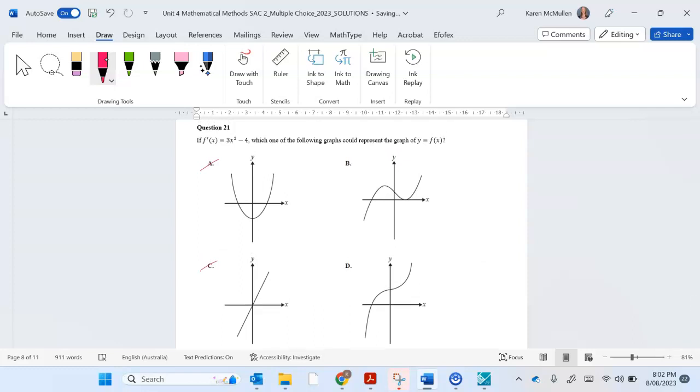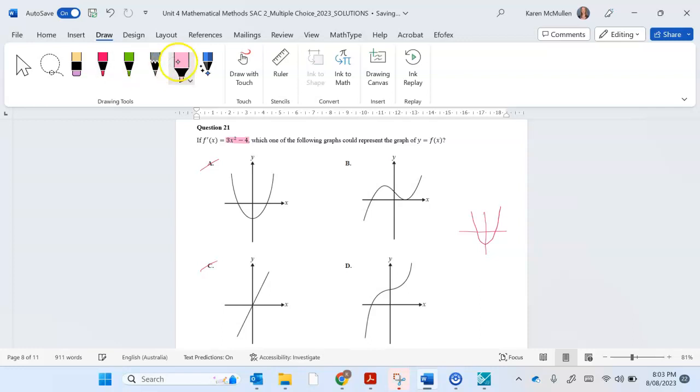So the other thing we need to look at is this graph, 3x squared minus 4. What does that actually look like? It's a positive parabola that's going below the axis.